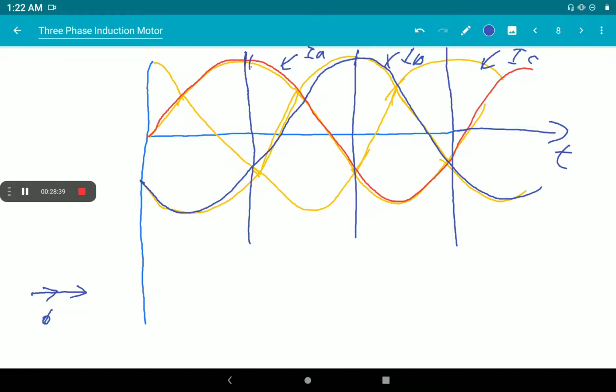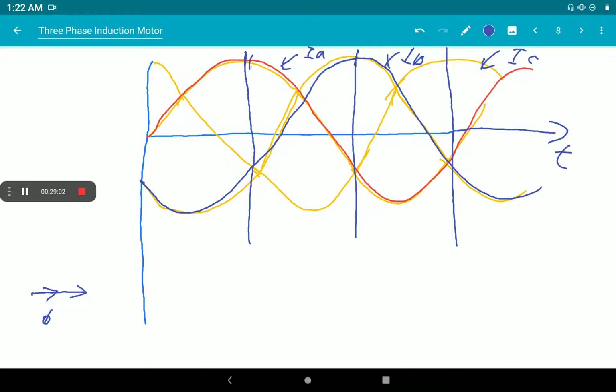So when we give a 3-phase supply, by placing the windings 120 degrees apart, it will produce a 120 degree phase difference voltage and 120 degree phase difference current. So when there are three current waveforms with 120 degree phase difference, how will the magnetic field be produced?